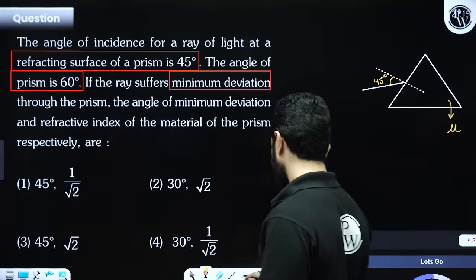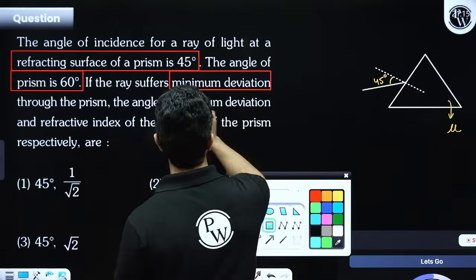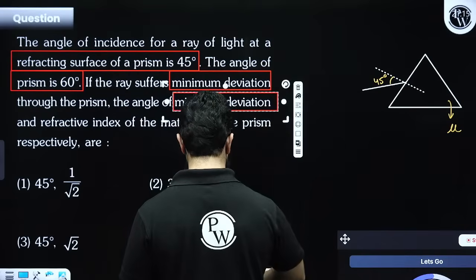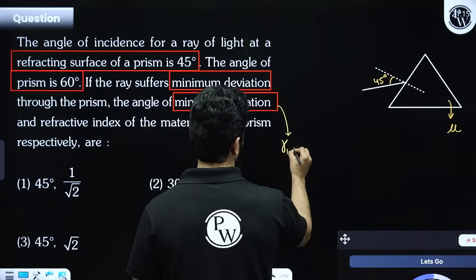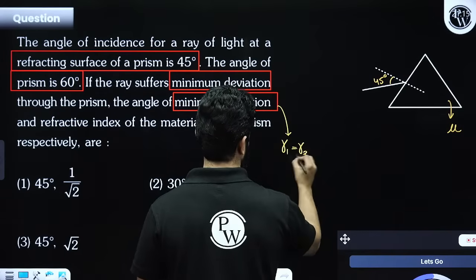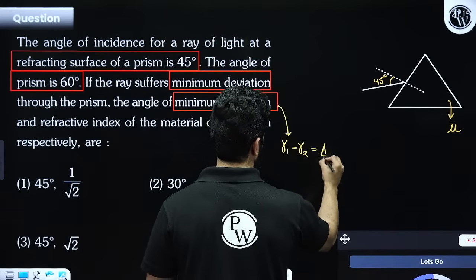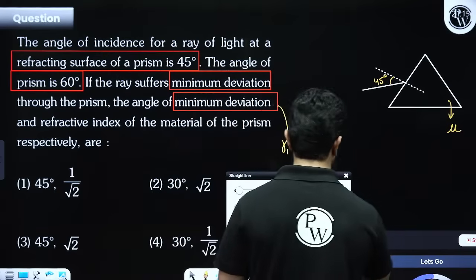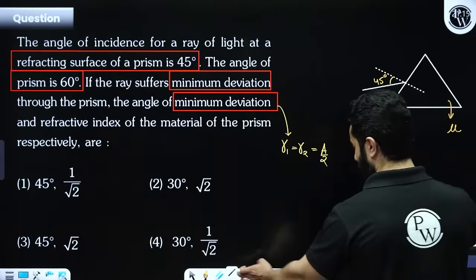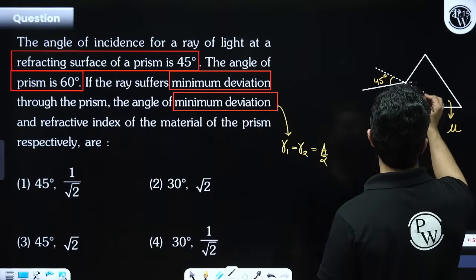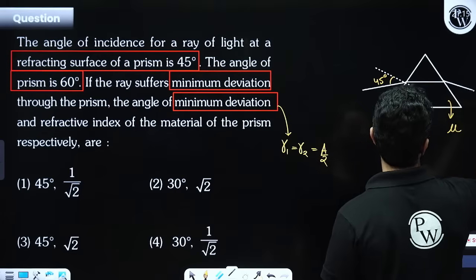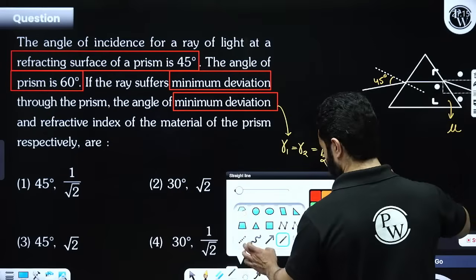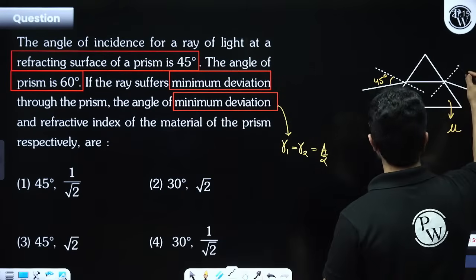But we know some conditions of minimum deviation: R1 and R2 are the same and equal to A by 2. That means when the ray of light passes from here and suffers minimum deviation, these are R1 and R2.